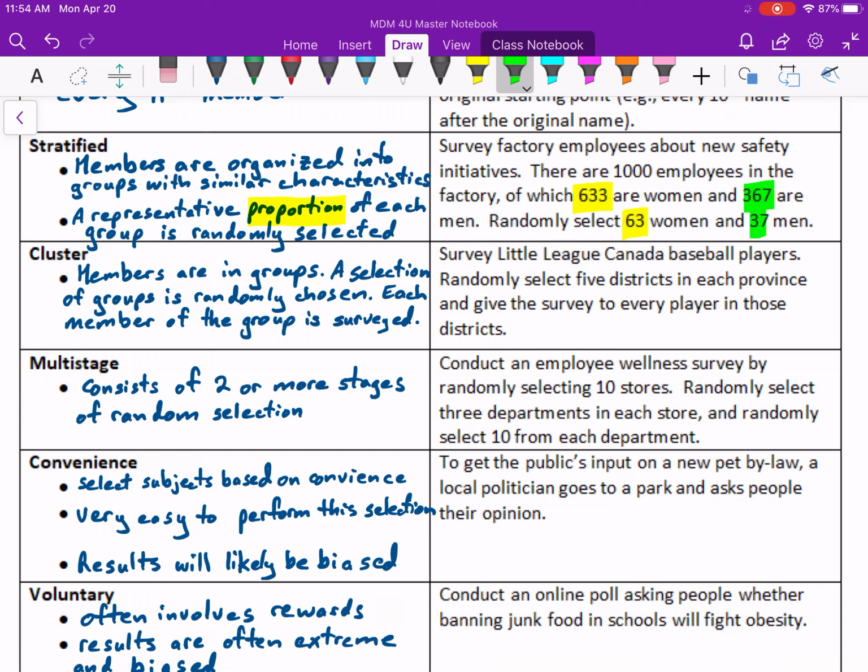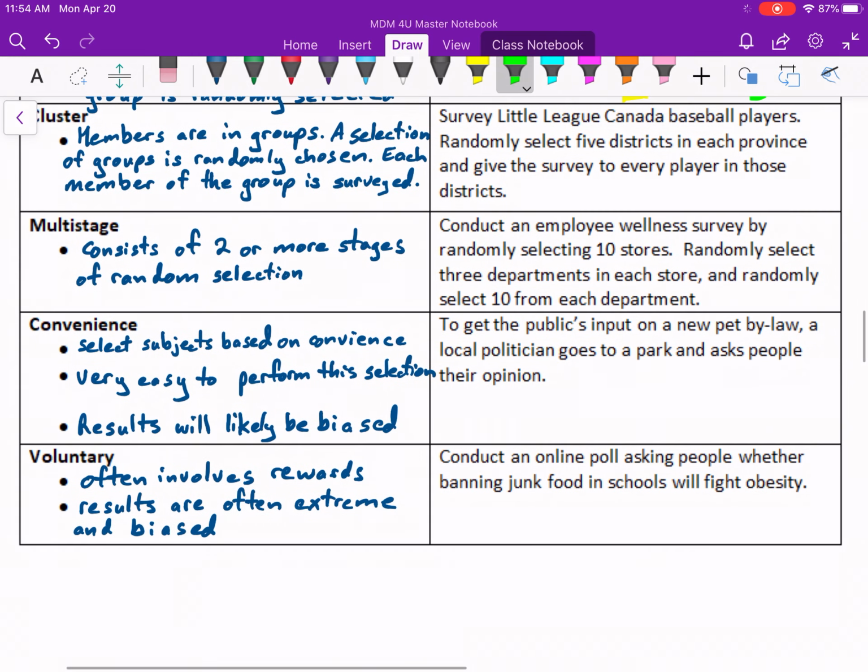Example given: survey Little League Canada baseball players, randomly select 5 districts in each province and give the survey to every player in that district. So we don't take, say, one player from each district. We just get everybody in a particular district, in a particular group, then survey all of them.